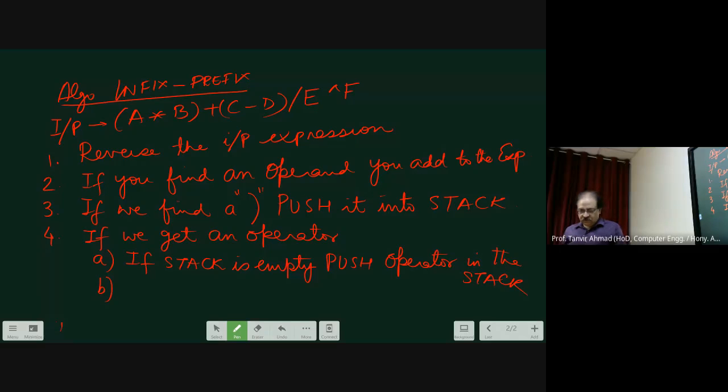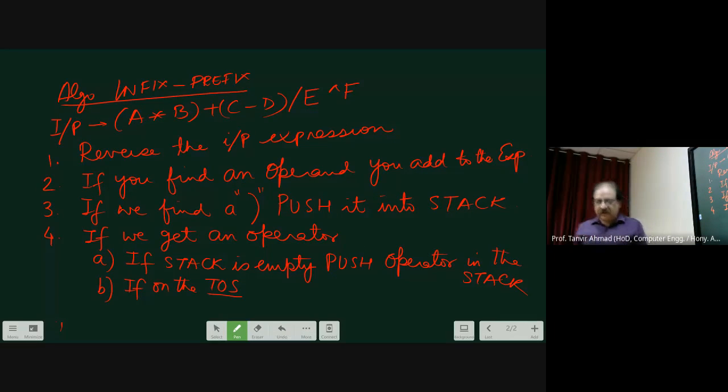B: if it is a closing parenthesis, then check the top of the stack, TOS, which stands for top of the stack.